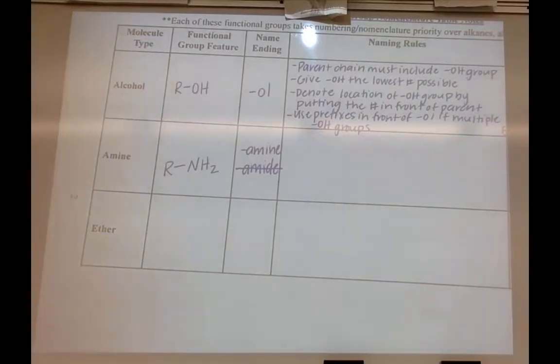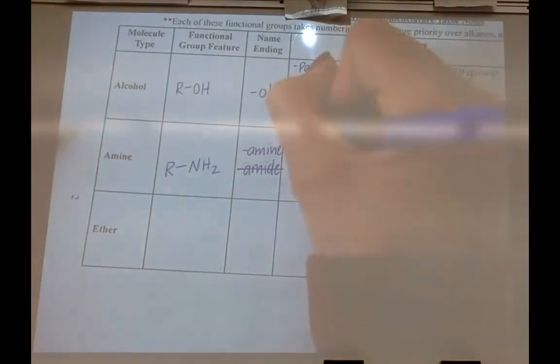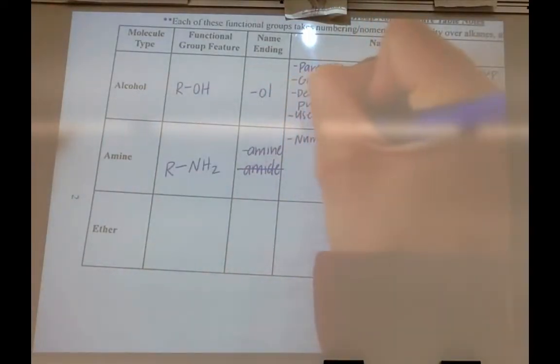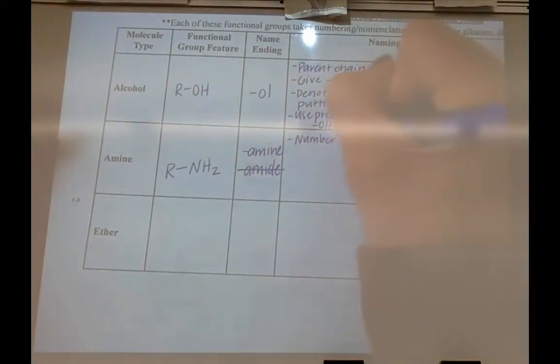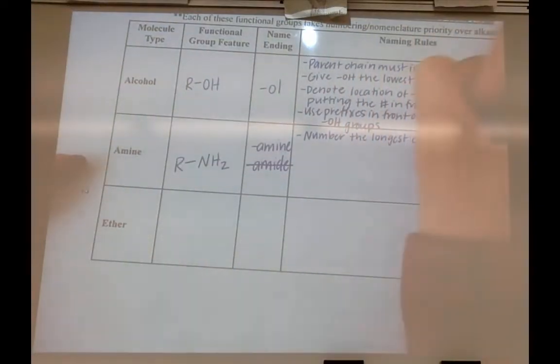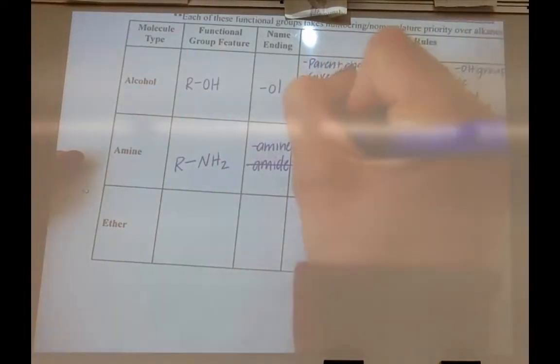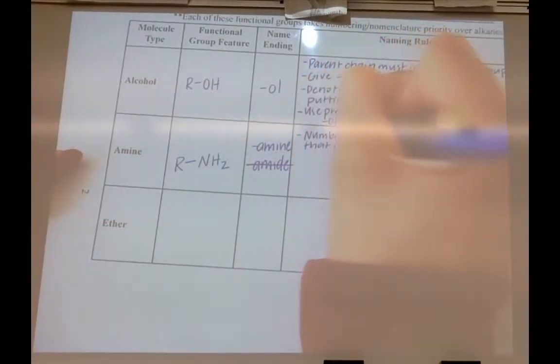Now, in terms of naming, naming rules are similar to an amide. So we're going to number the longest carbon chain that includes the amine.